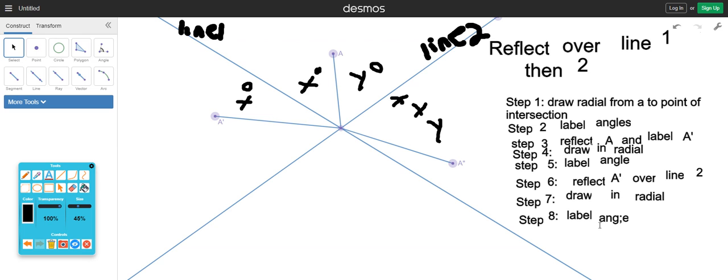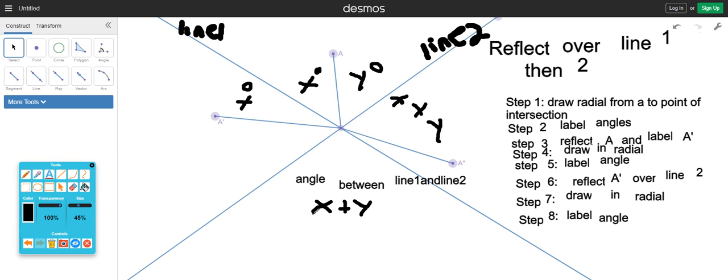Okay, what is key here is I want you to see that the distance between line 1 and line 2, or the angle, x plus y. We're actually going to change this instead of distance. We're going to call it angle. That's important. Okay.